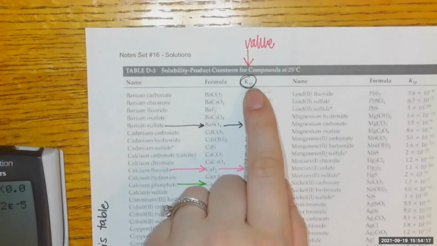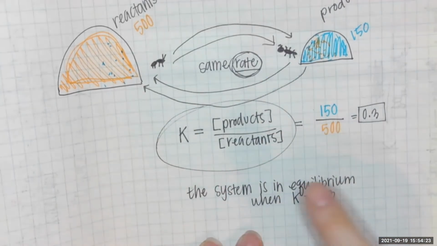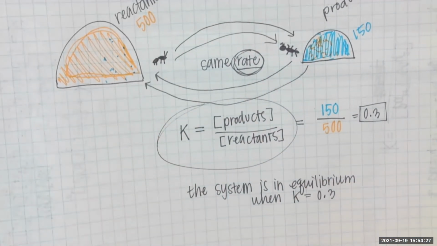Again, the number in the table, the value is the fraction that corresponds to when the system is in equilibrium. Everything that we're going to be dealing with in AP Chem from pretty much here on forward is a system in equilibrium. It'll either be an acid that is losing its hydrogen, regaining its hydrogen, that's an equilibrium.